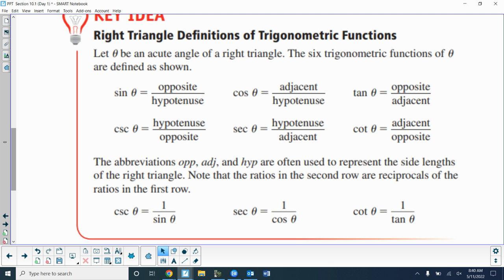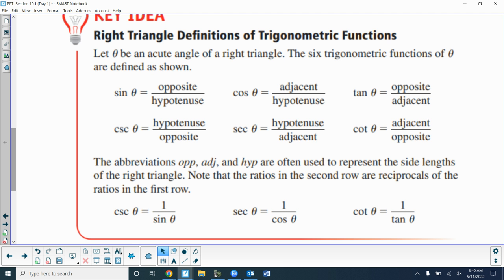But remember, whenever you write fractions, they must be in lowest terms. So if you have a 6/10 as a sine, you should reduce it to 3/5, right? If you have a 2/4 as a cosine, you should reduce it to 1/2, right?